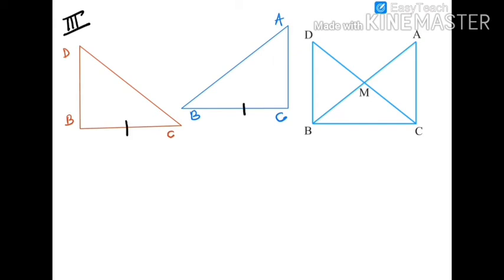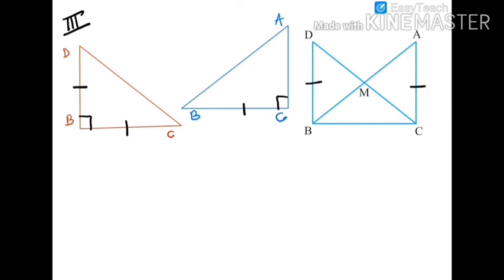Then angle ACB is given as 90 in the question, and we have shown that angle DBC is also 90. So these two angles are equal. Also in the first part, we have shown triangle DMB is congruent to triangle CMA. So their corresponding parts are equal.